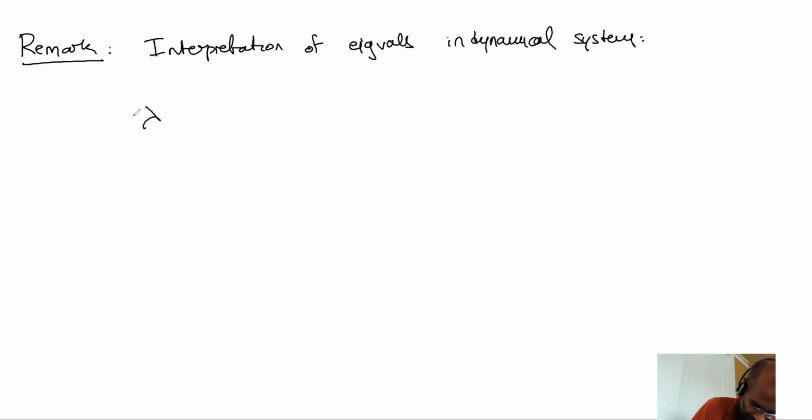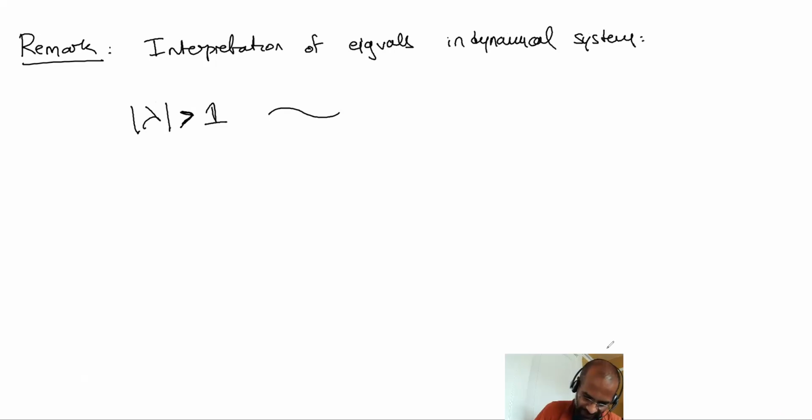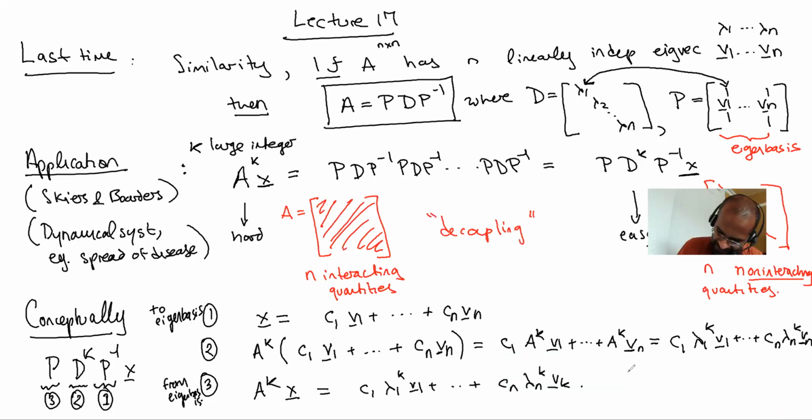Well, if you have an eigenvalue with magnitude bigger than 1, for example, the 3/2 that I had earlier, then what that corresponds to is, if I raise A to the k, that means if I apply A to the k to a vector, that eigenvalue is going to be raised to the k.